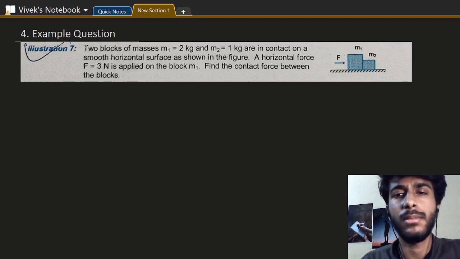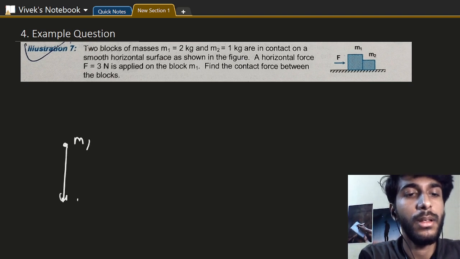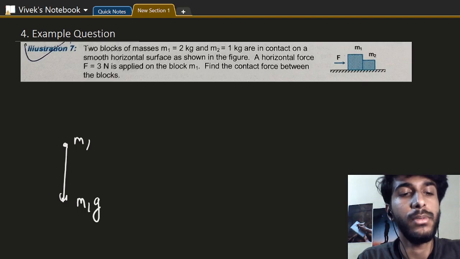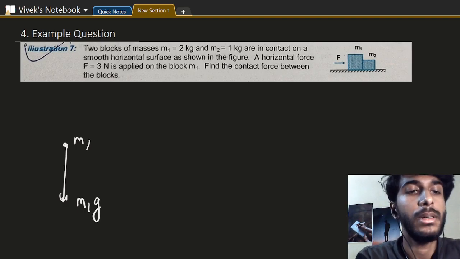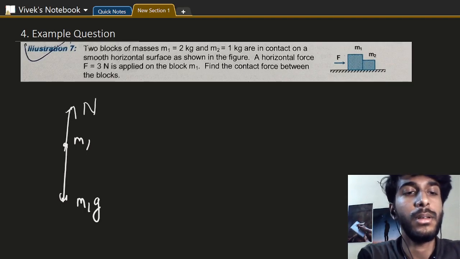So again, I have told you that first you make the free body diagram. That is the first thing we have to do. For m1, m1g will be applied as a gravitation force by the earth. Similarly, normal force N will be applied in upward direction to balance that gravitation force.